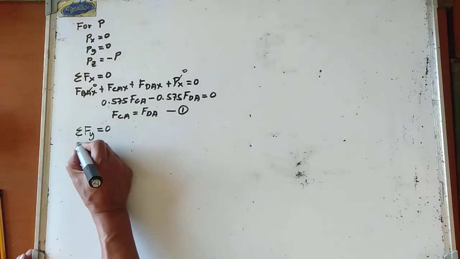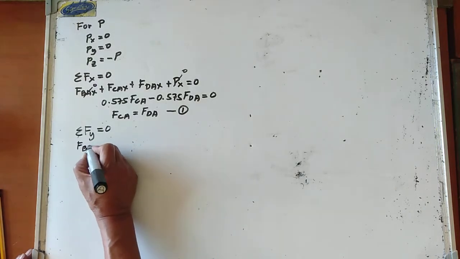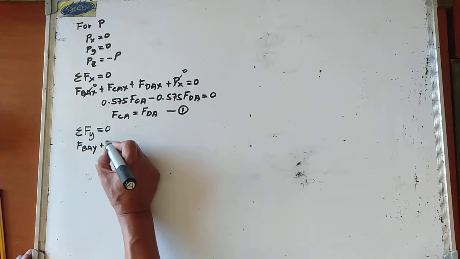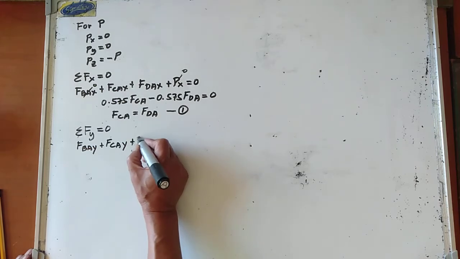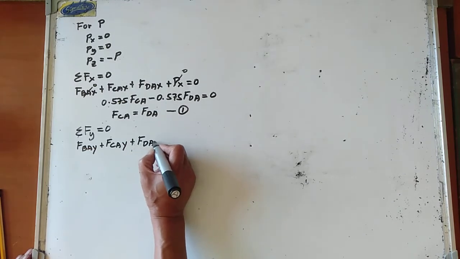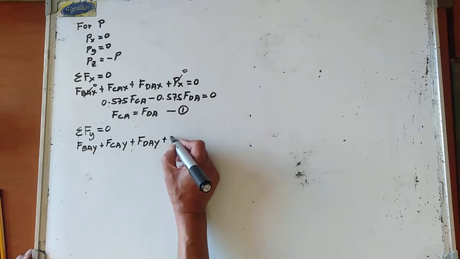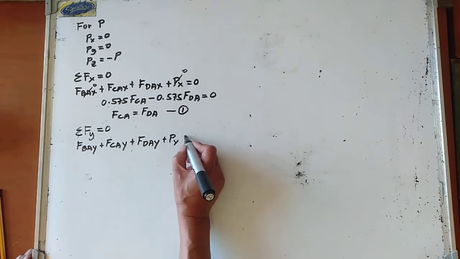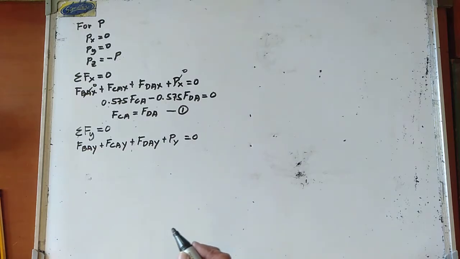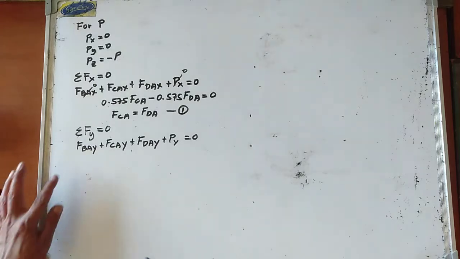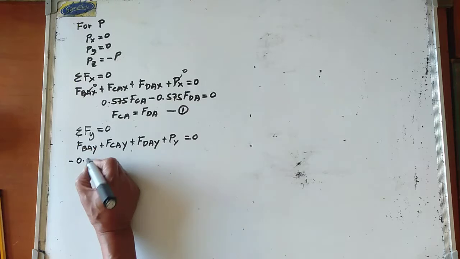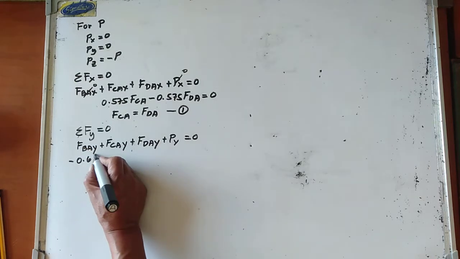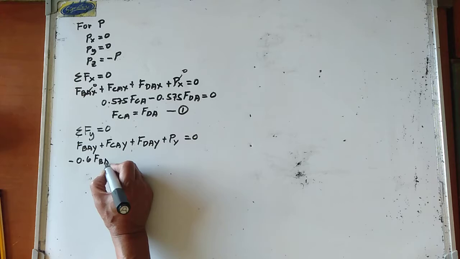So we have FBAy plus FCAy plus FDAy plus Py is equal to 0. So your FBAy is negative 0.6 FBA.